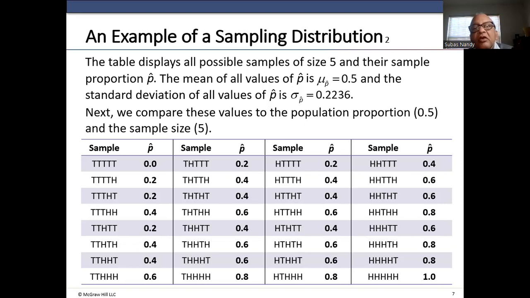So p is 0.5, and mu p hat is also 0.5, which is equal to p. The standard deviation, we can of course put it in the calculator, and the standard deviation of this population of size 32, sigma p hat, is 0.2236.